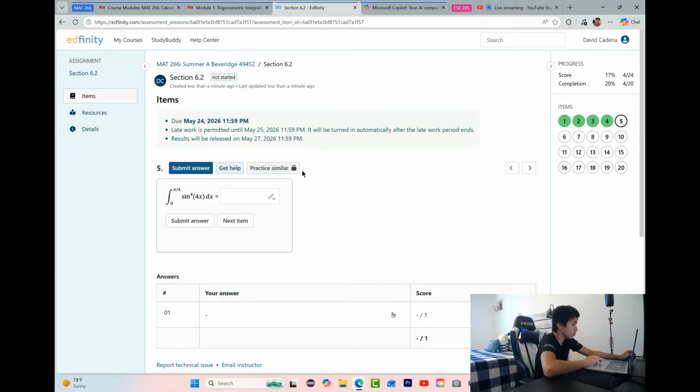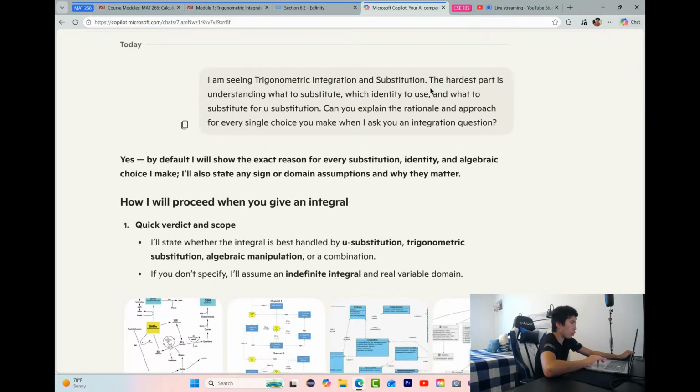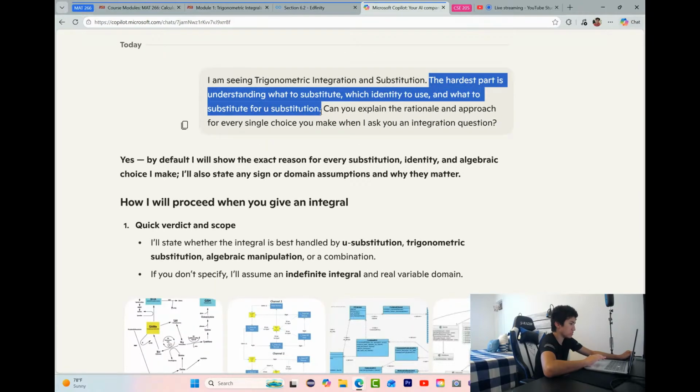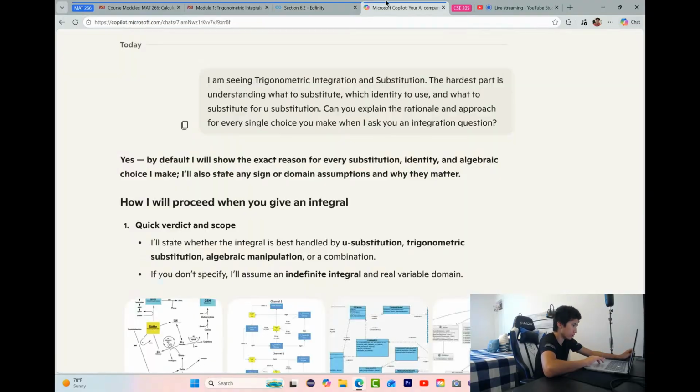So in order to both speed up and improve my pattern recognition ability, I'm going to be using Copilot. I'm going to be using AI. I told it what I struggle at the most, which is, I believe, the hardest part for everyone who learns these topics.